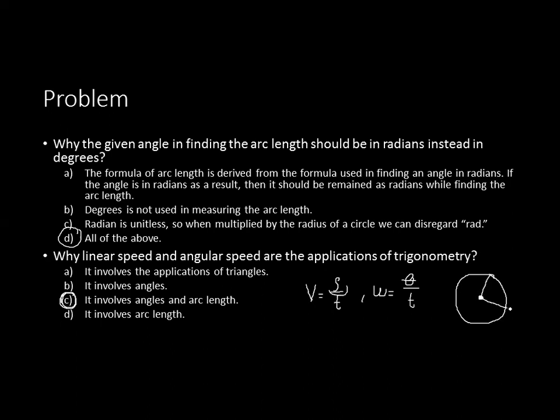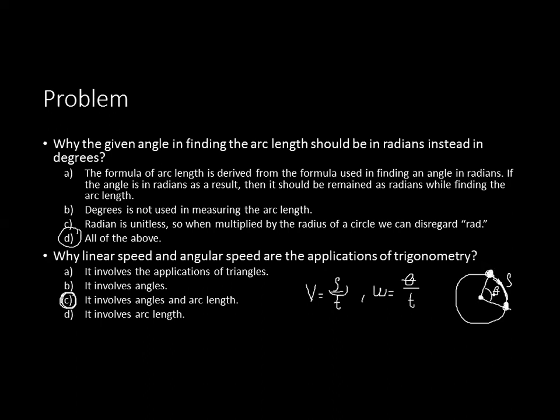Suppose we have a circular path and then we have an angle here. And let's just say this is the object, traveling from here up to this point. So here you can get your S or your arc length to find the distance traveled by the object. And since it's in a circular path, there must be an angle between the two radii.